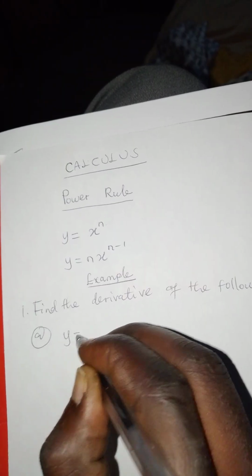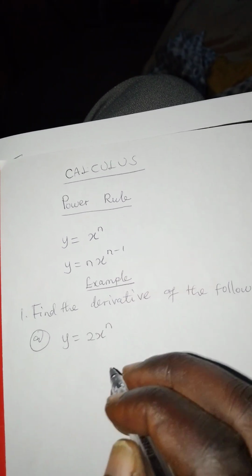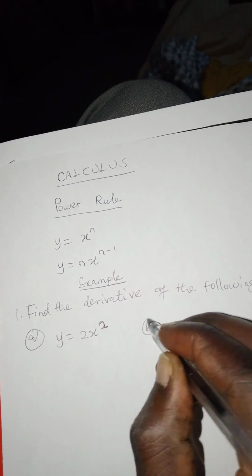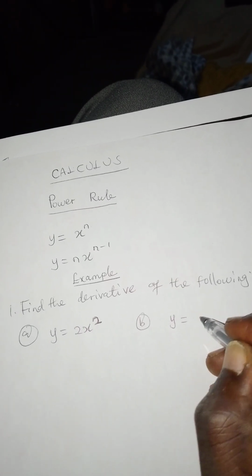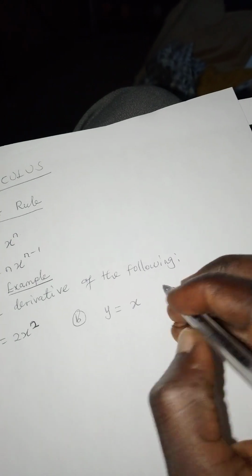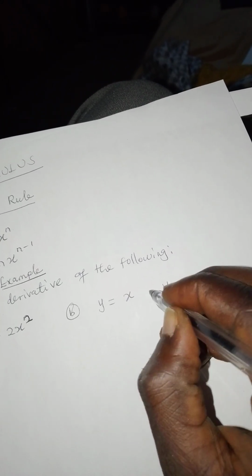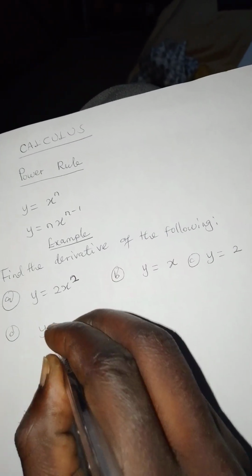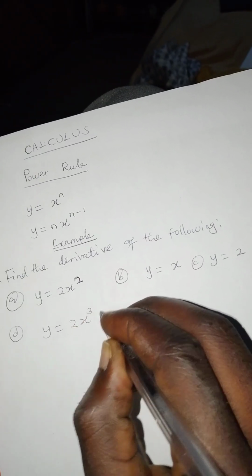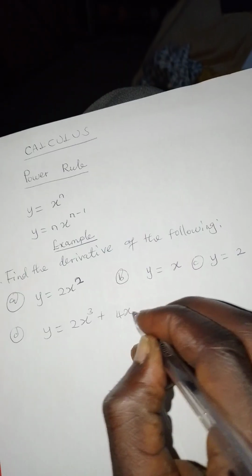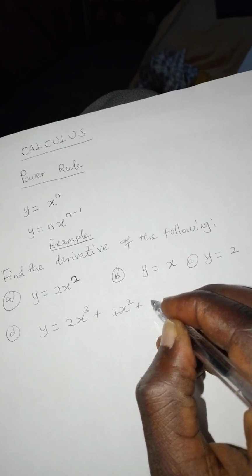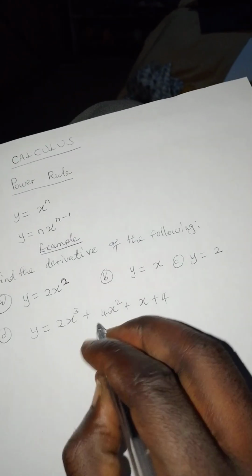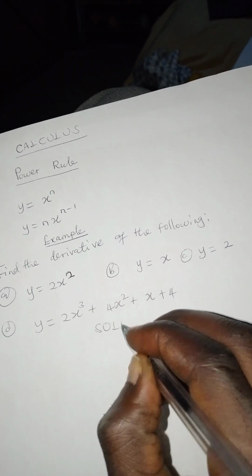Here we have (a) y is equal to 2x^2, (b) y is equal to x, (c) y is equal to 2, and the last one, (d) y is equal to 2x^3 plus 4x^2 plus x plus 4. So now let's find the solution.